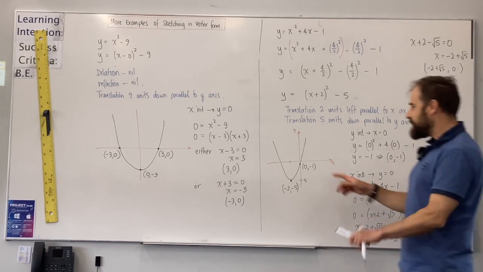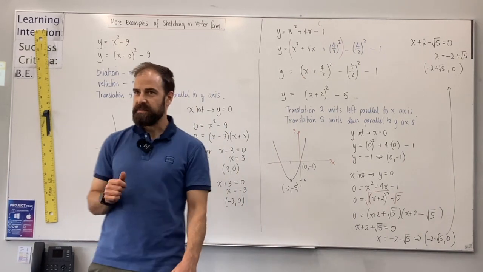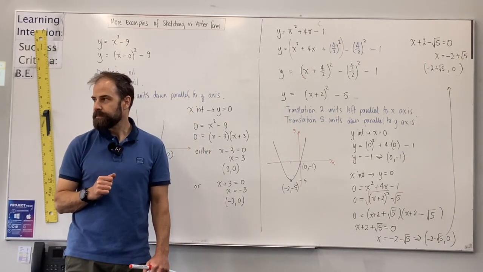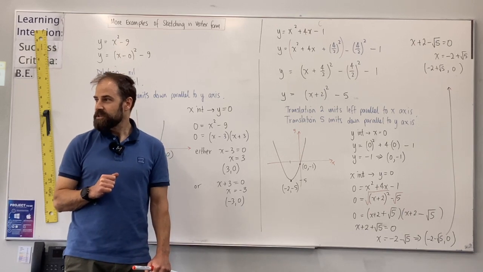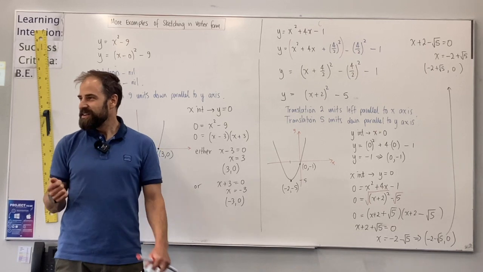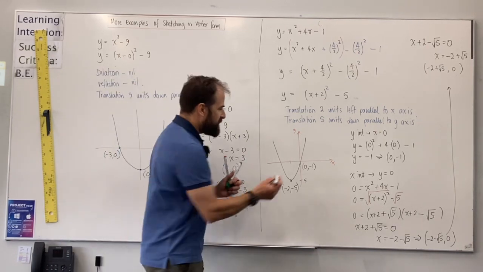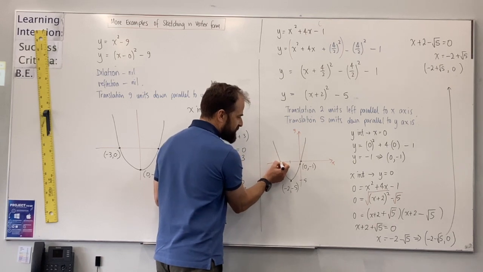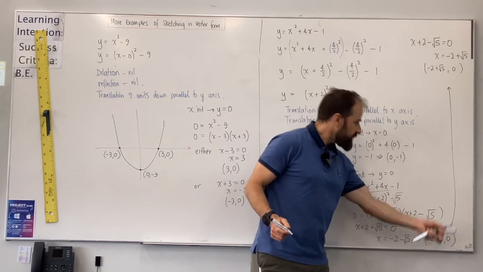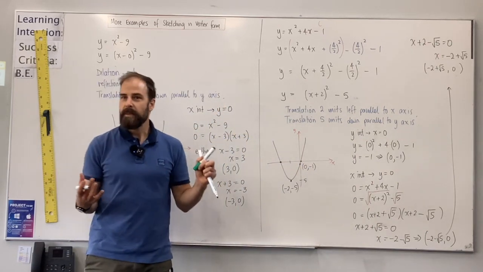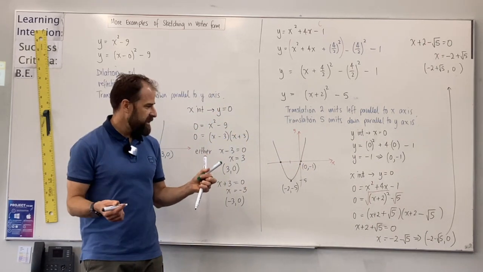How do I put them on my graph? Probably just that. Now, I've got the spots already. I've got an x-intercept and an x-intercept. We've written them as coordinates already. Which one am I going to put where? Which one's going to be the bigger one?